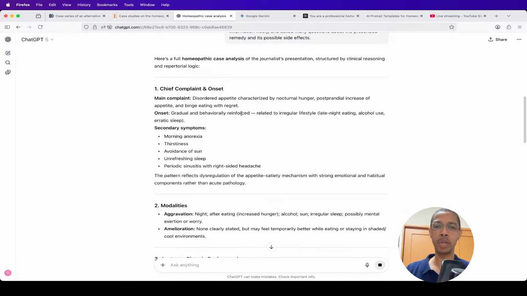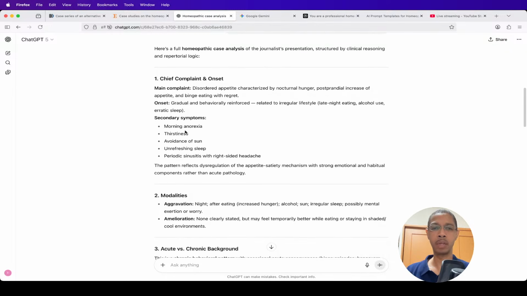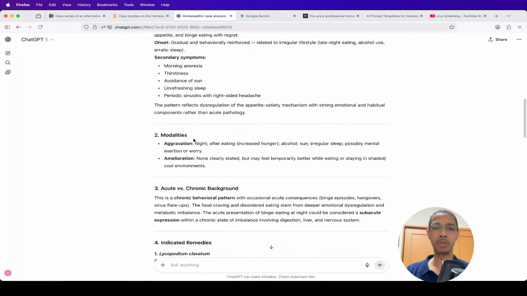Onset: gradual, behaviorally reinforced, related to irregular lifestyle. Yeah, the late night eating, the alcohol use, the erratic sleep. Secondary symptoms: morning anorexia, thirstiness, avoidance of sun, unrefreshed sleep, and periodic sinusitis with right-sided headache. And then some of the modalities: aggravation, night after eating, increased hunger, amelioration.